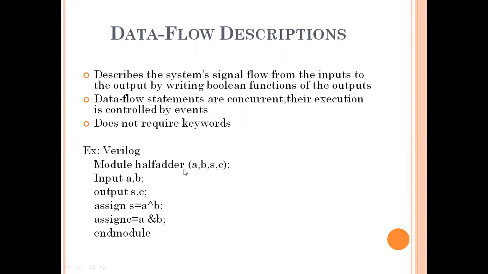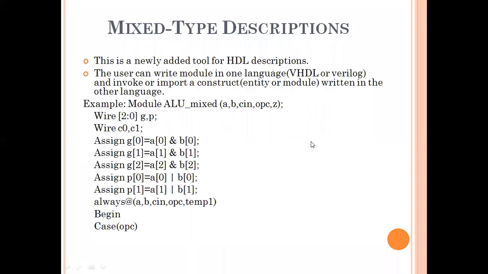So whenever you have to write the Verilog code with the data flow description, you need the knowledge of Boolean expressions, which you can use directly as statements, and at the end, endmodule. So this is the data flow description. Data flow description is comparatively very simple compared to behavioral and structural description, but here you need the knowledge of Boolean functions, and it can be provided only for simple circuits.